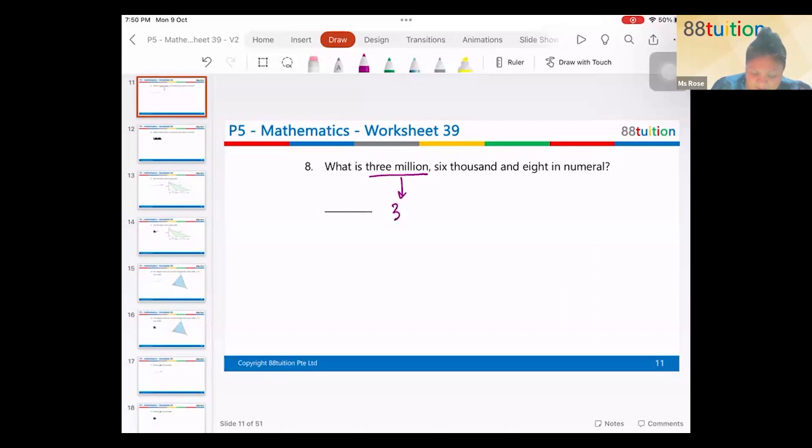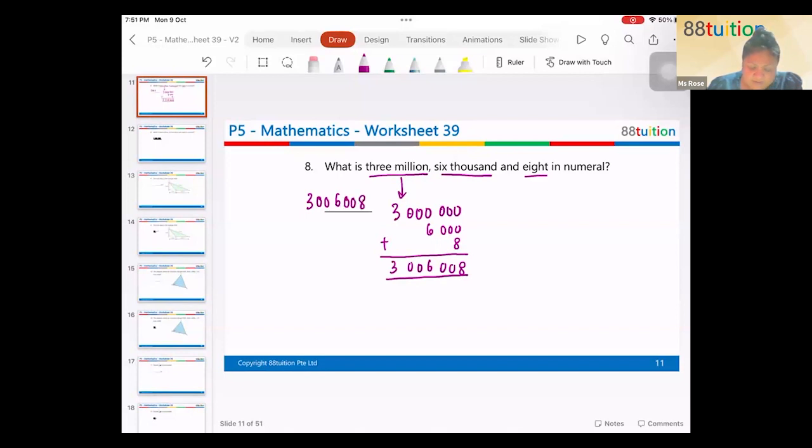Basically, this is 3,006,008 to give you. Okay, so that's 3,006,008.